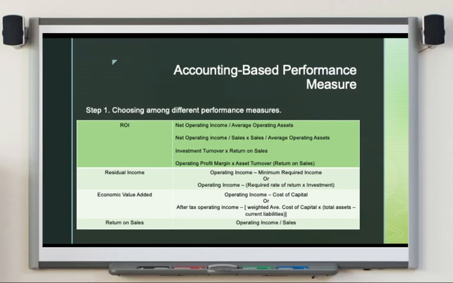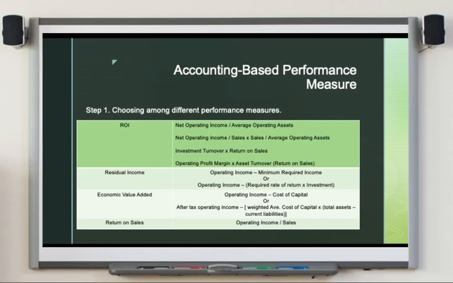That is, you need to identify which particular performance measure you are going to use to assess or evaluate a certain unit or the accomplishment of a task of the management.